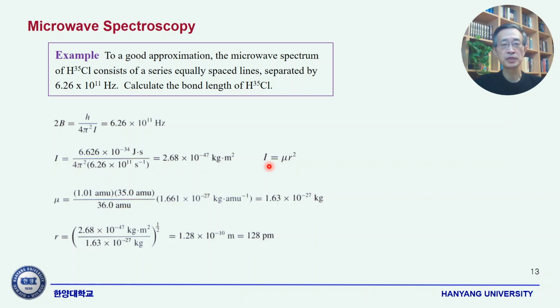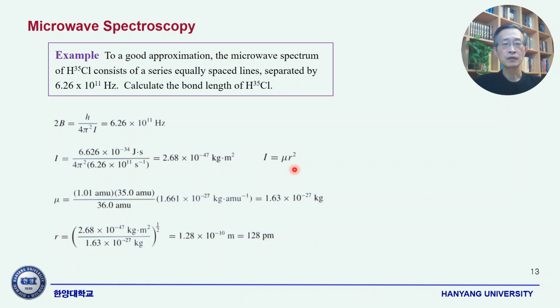And the moment of inertia is the reduced mass times r squared. So mu is the reduced mass, given for H and Cl in AMU, and then convert that to kilograms.